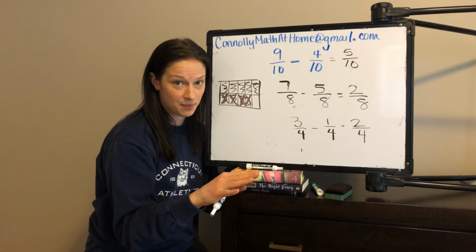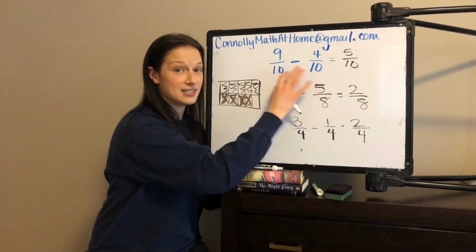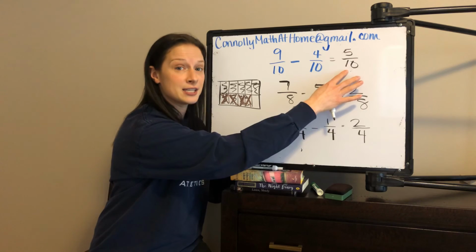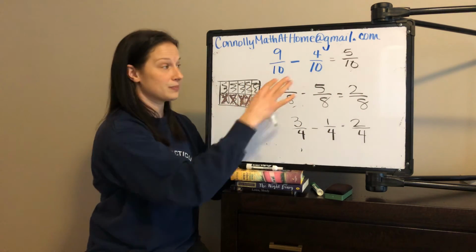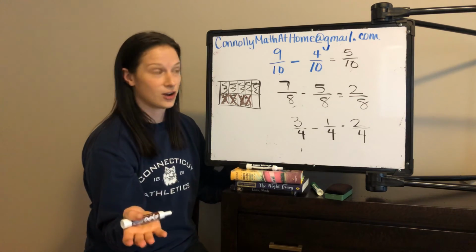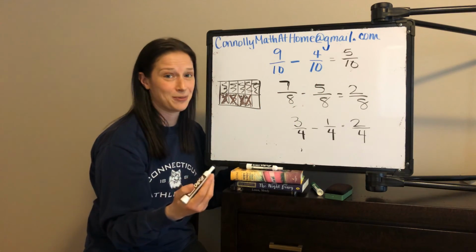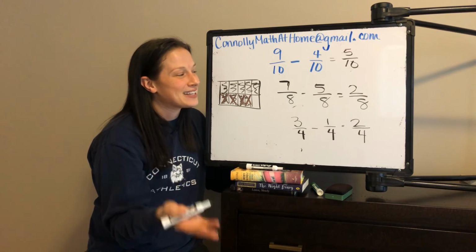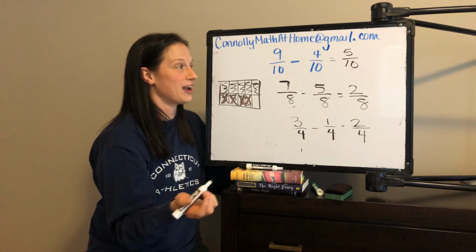Once you have the same size pieces, the same denominator, in your sum or your difference, the denominator will be the same as your addends in addition, and in subtraction you have these numbers, and I can't remember exactly what they're called, sorry. So anyways, I want you to notice that your denominator is not changing, okay?